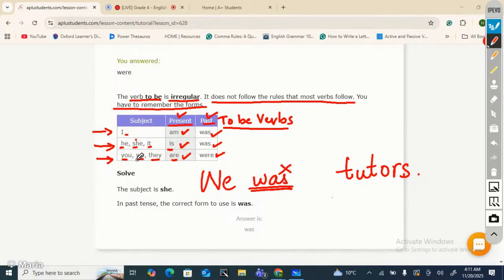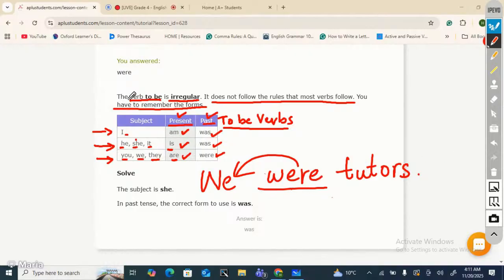No. Look, with you, we, and they use were. So let's change it. We were tutors. So this one is the correct one that can be used with this subject.